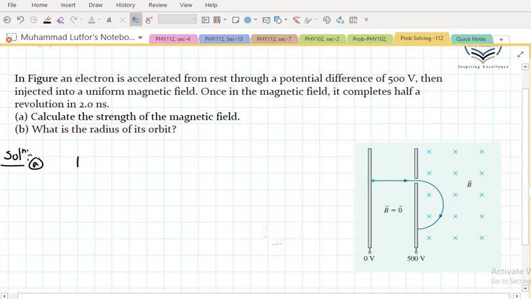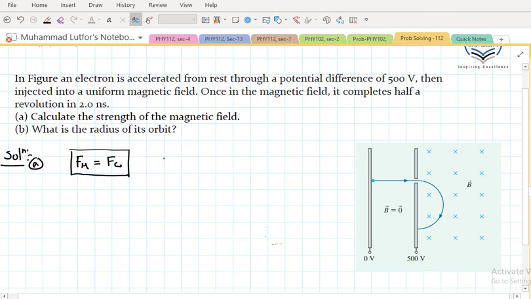The magnetic force, in magnitude, must be equal to the centripetal force Fc. Since the electron makes a half circle in this magnetic field, there will be a force towards the center, that will be the centripetal force. These two forces must be equal inside the magnetic field.